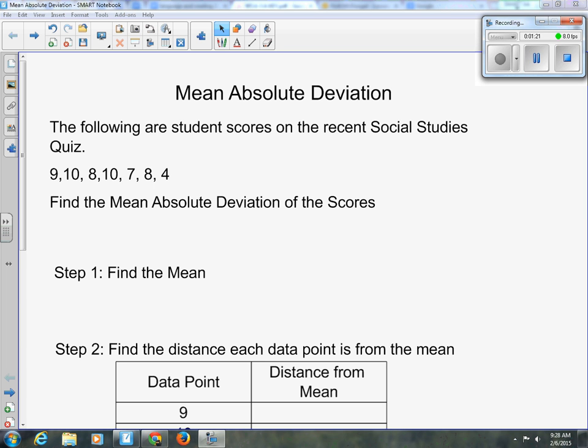Well, what we have to do, step number 1, we have to find the mean. We have to find the average of these scores. Step number 1, simple enough. Find the average. Okay. Well, 10 and 10 is 20. 8 and 8 is plus 16. 9 and 7 is 16.